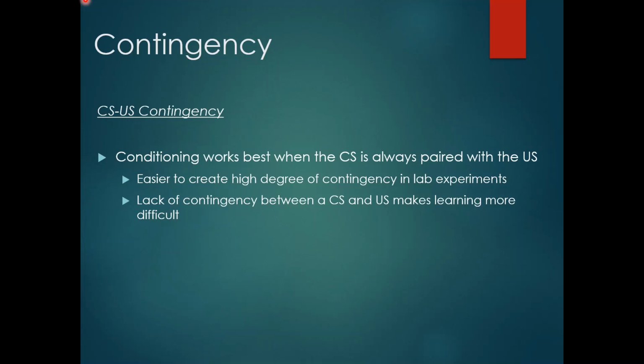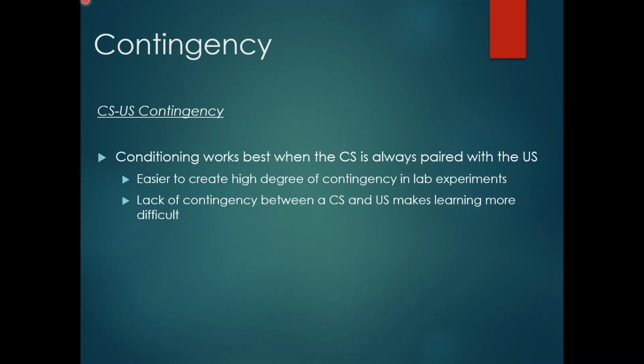And we know that conditioning works best when the conditioned stimuli is always paired with the unconditioned stimuli. Every time the CS is presented, the US is going to occur. It's easier to create a high degree of contingency like this in a lab experiment. It's not necessarily as easy to do this in the real world.